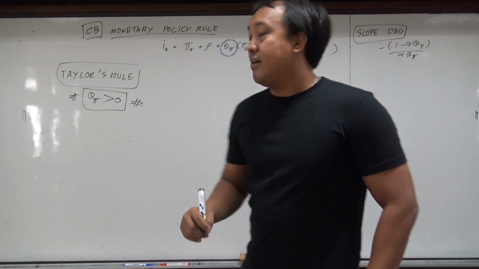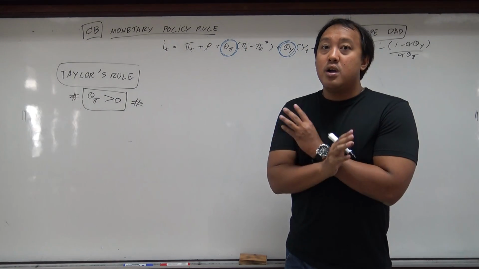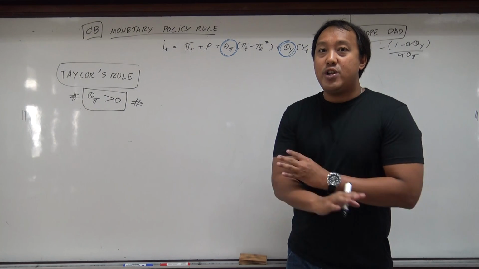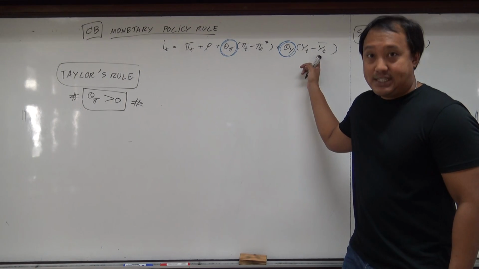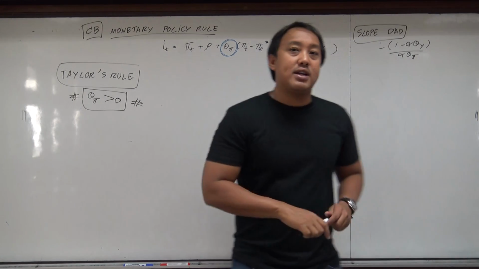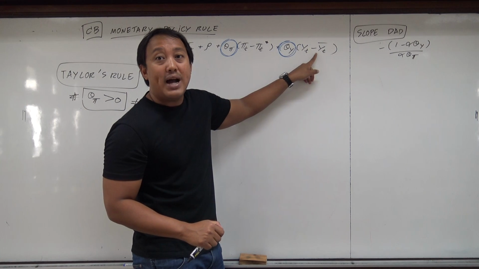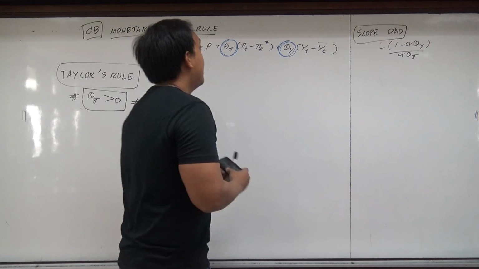Here is why. For example, if we don't have any problem about economic slowdown, if I assume Yt equals Yt bar all the time, no problem, then this one becomes zero and disappears.